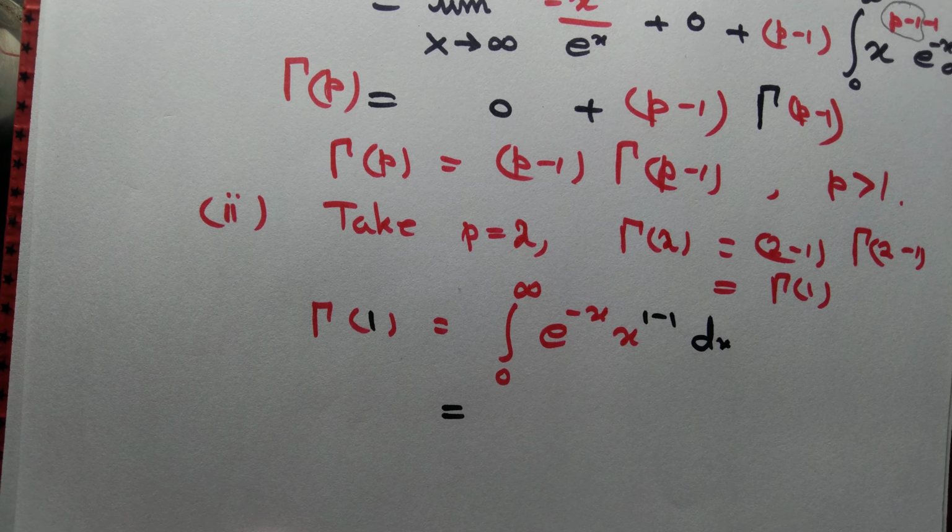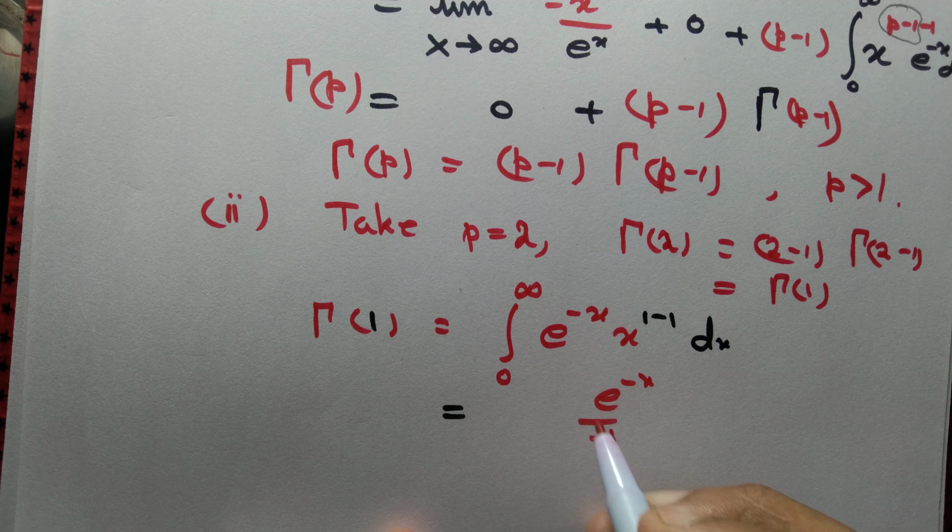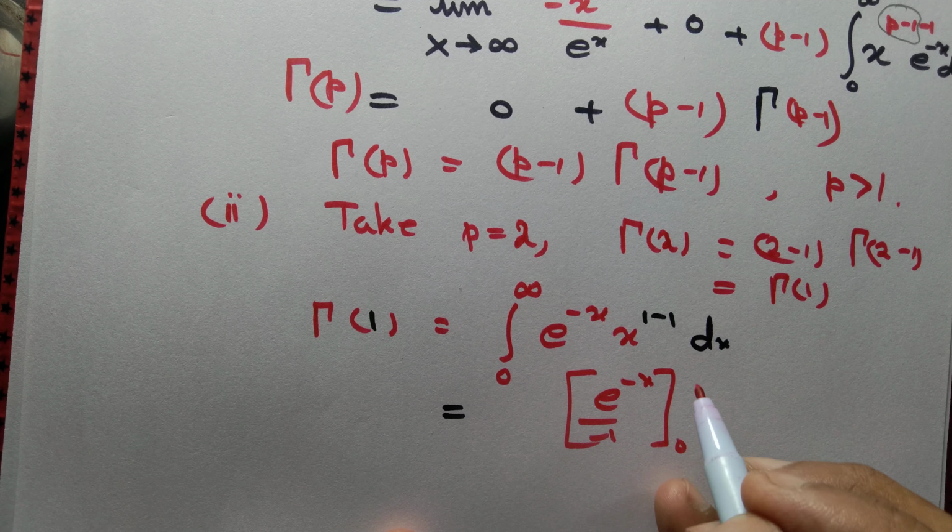The integral of e to the power minus x is e to the power minus x by minus 1, with limit from 0 to infinity.